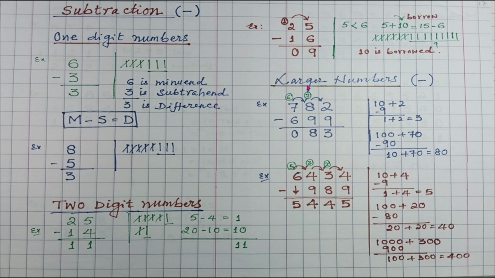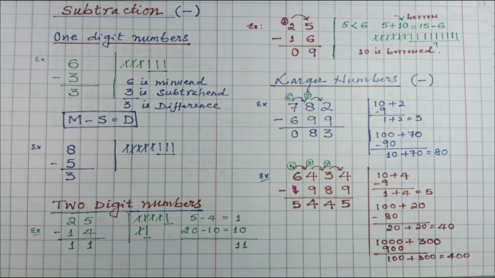Now we cannot subtract 9 from 7, so I have to borrow 100 here. So it becomes 170. From 100 subtract 90, I get 10, and add 70, I get 80. We get 83 here. And now since I have taken 100 from here, 7 becomes 6, and 6 minus 6 becomes 0. So please understand the procedure here.